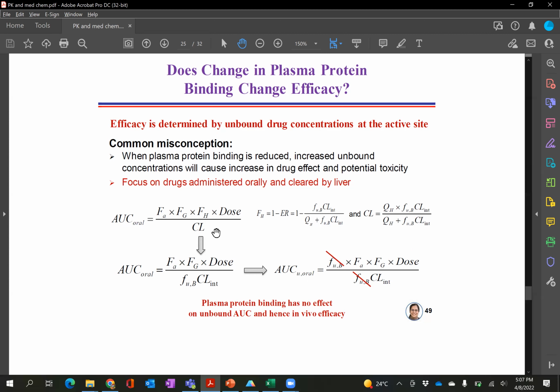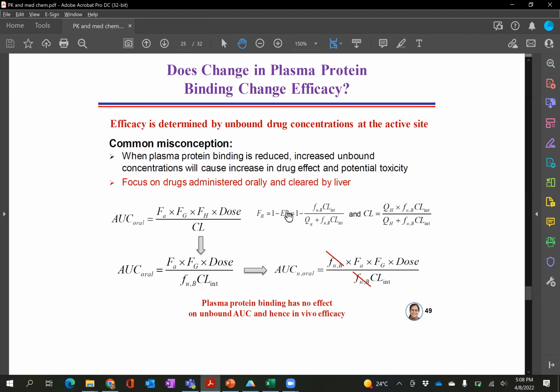And then how do they get here? Oh, for low extraction drug, clearance equals to this. But then where's FH? Oh, FH equals 1 minus extraction ratio.